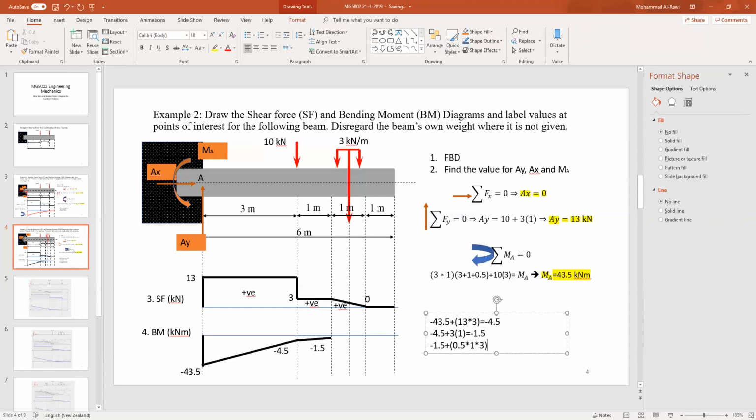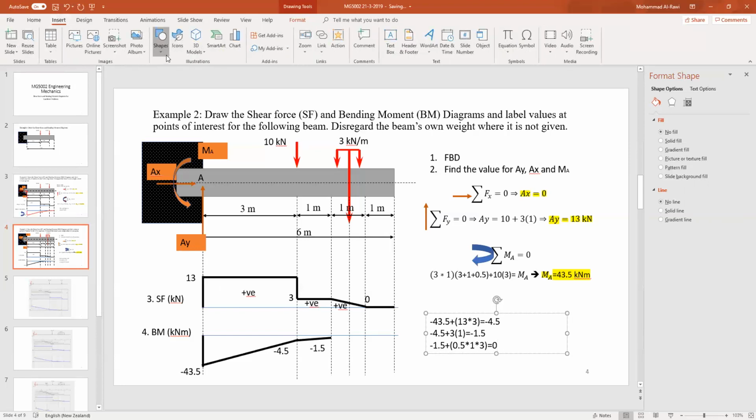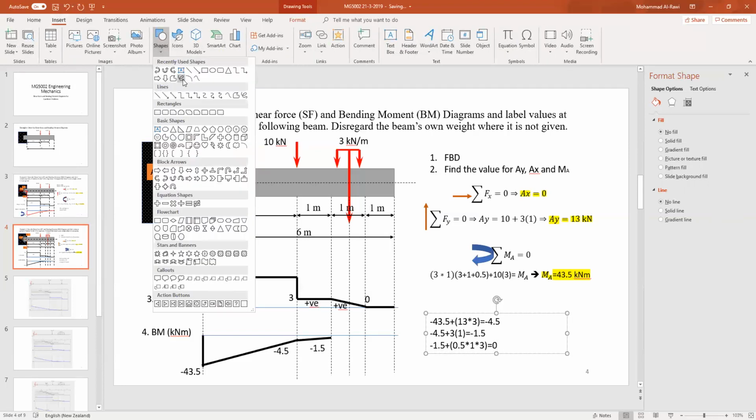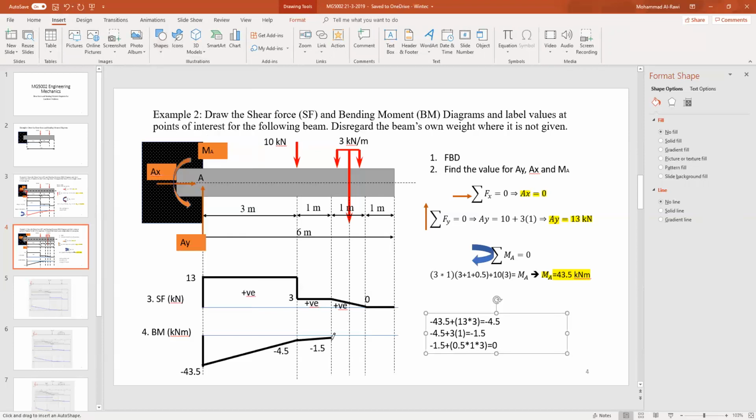So it's 3 divided by 2, which is 1.5. So minus 1.5 plus 1.5 equals 0. Very easy. Now here you need to be a bit careful, because technically it will not be a slope anymore, it would be a curve. So we will close the diagram in this way.